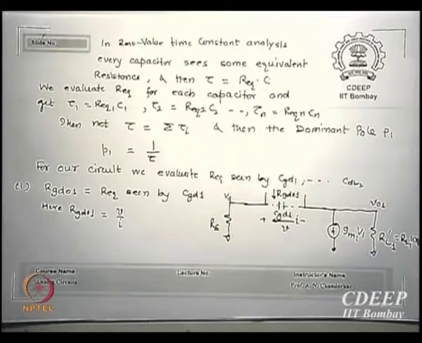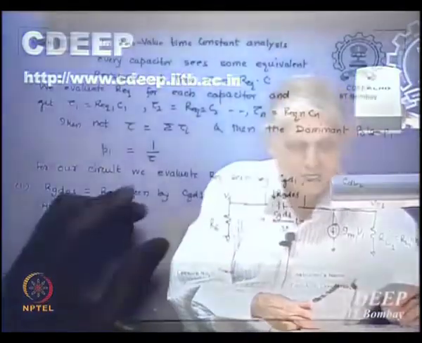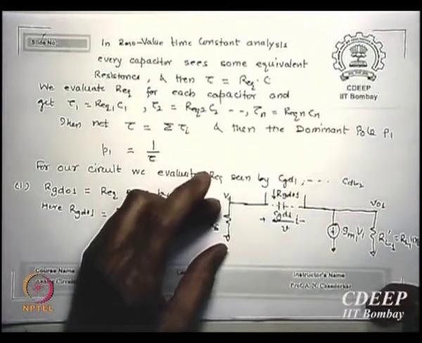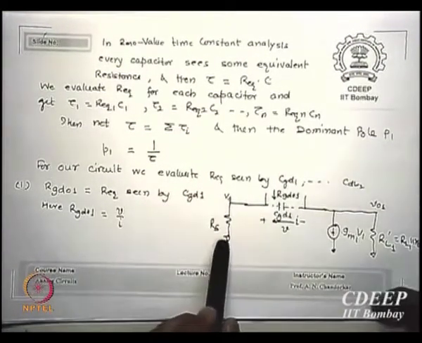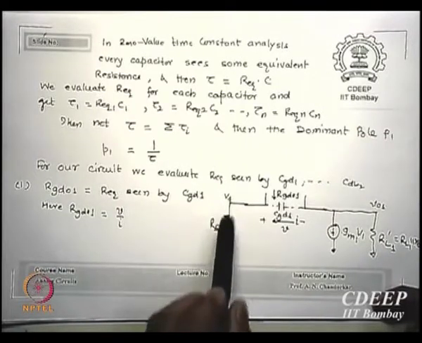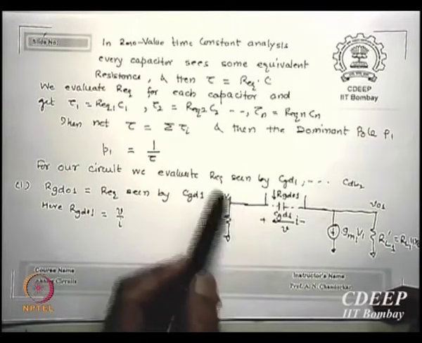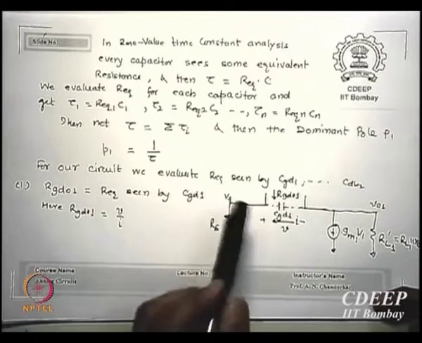Please remember the word independent. Short all independent voltage sources or open all independent current sources. If I do this, then at V1 I get only RS, since VN is 0, so only RS remains. This is the voltage V1.